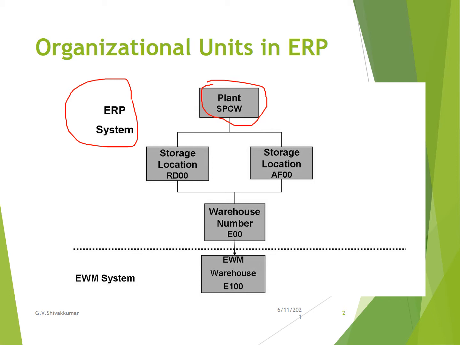Here we have defined two storage locations, RD00 and AF00, and normally in ECC we assign the warehouse number or warehouse complex to the plant and storage location combination. In the enterprise structure, we assign the warehouse to the plant and storage location combination. We can check that using the OX18 transaction, as everybody knows in ECC.